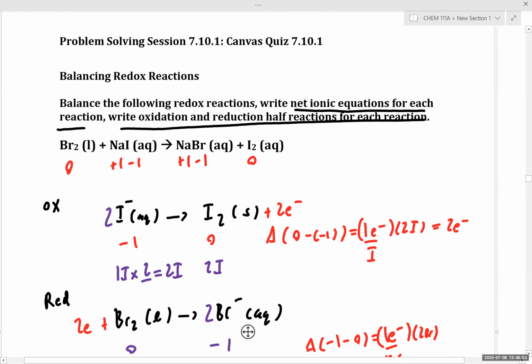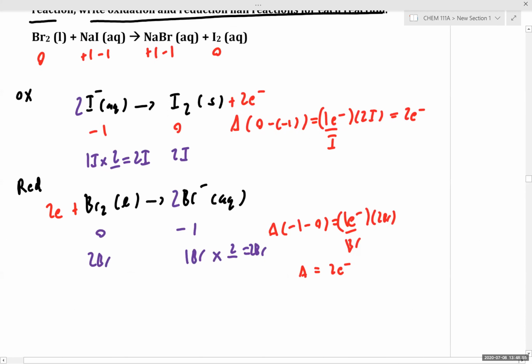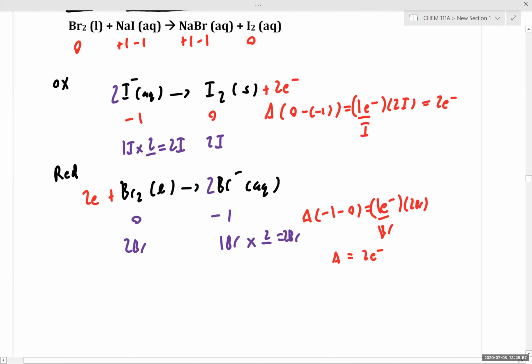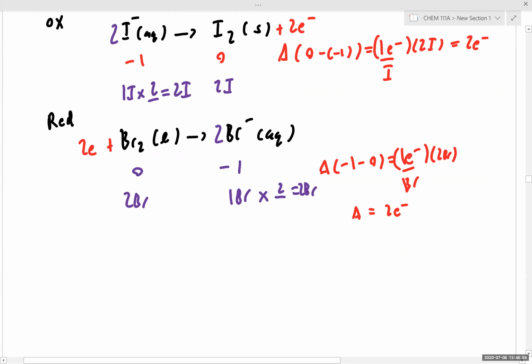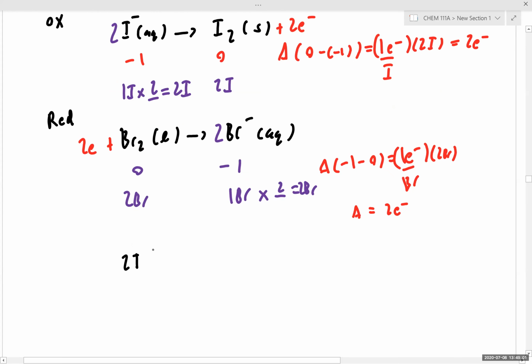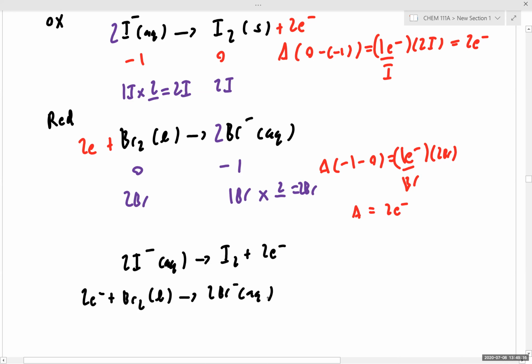Now if we want to combine our oxidation and reduction equations together, we have 2I minus aqueous leads to I2 plus 2 electrons. We have 2 electrons plus bromine liquid leads to 2 Br minus aqueous.